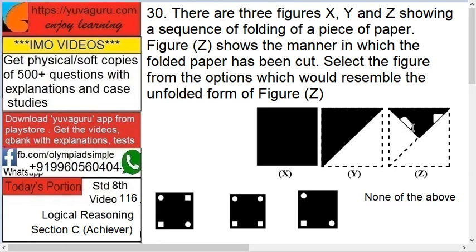This circular cut will be on both sides then, over here and here. So where are they? In A and C. So the option of this circle is in only A and C. Okay. So B and D are out.